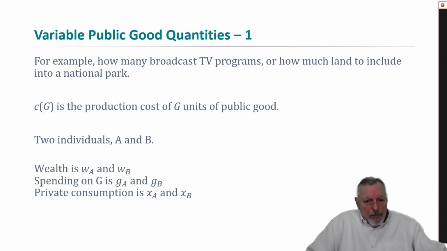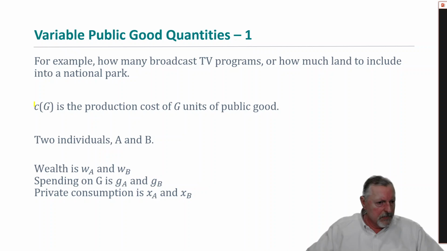Let's assume here that C of G, G is a unit of the public good, and C is the cost. It's no longer should we simply buy this one thing or not buy this one thing. Here, you have to decide how much of it to buy. How much national defense? Again, two individuals.